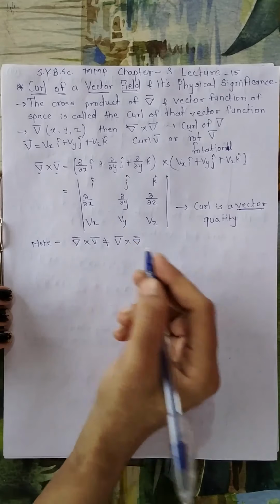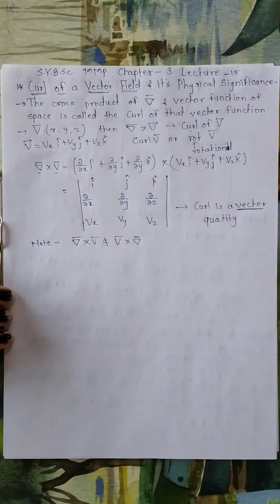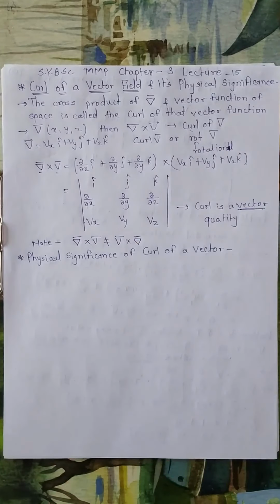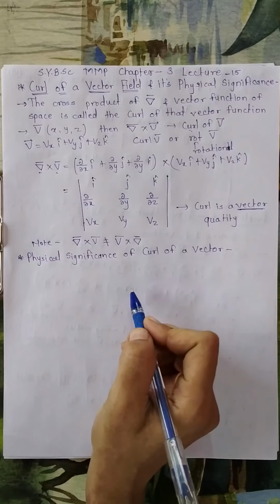Now let's discuss the physical significance of curl of vector. So we have already discussed gradient and divergence. So we know that if a vector field is derived as a gradient of a scalar field, that is a lamellar field, then the line integral of the vector field taken around any closed path will be 0.